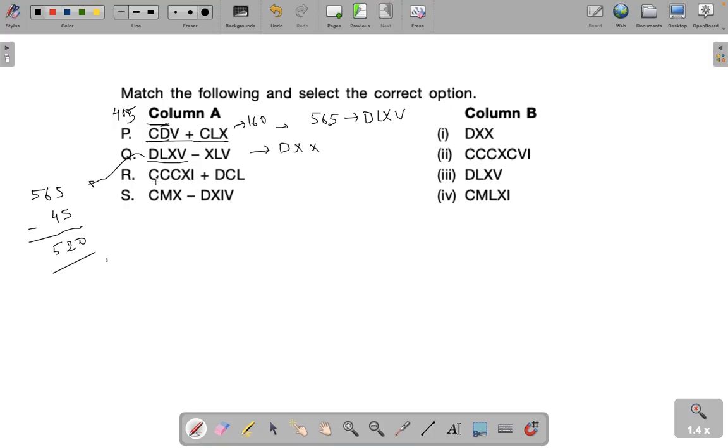Okay, so what is the value of CCCXI? 311. 311. And what is the value of DCL? 650. 650. If you add these 311 and 650, what is the value? Sir, 961.